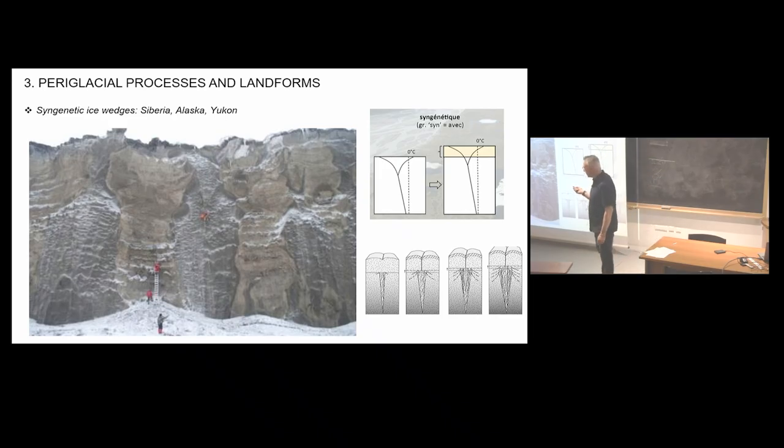This is in Alaska, and this is a deposit that is about 50,000 years old according to our radiocarbon date. What you're looking at here is an ice wedge. This is a very dedicated student rappelling down, because we sampled the ice wedge for ice analysis and oxygen isotopes and so on.